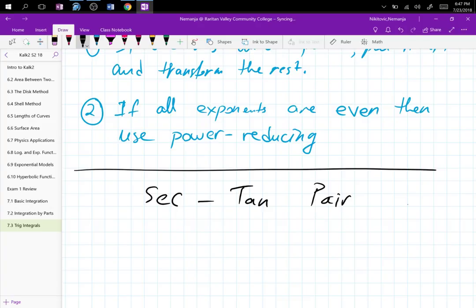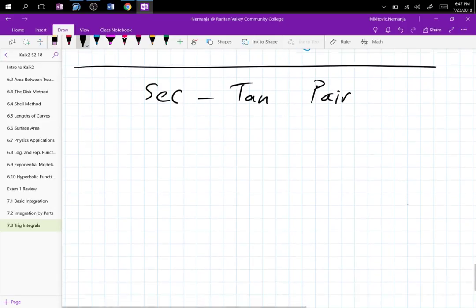When you think about the secant tangent pair, we don't deal with the integral of secant. We don't deal with the integral of tangent. They're not basic integrals. So what are the basic integrals that we need to survive this?